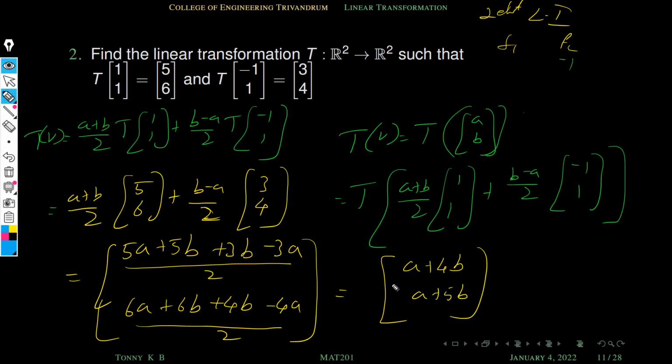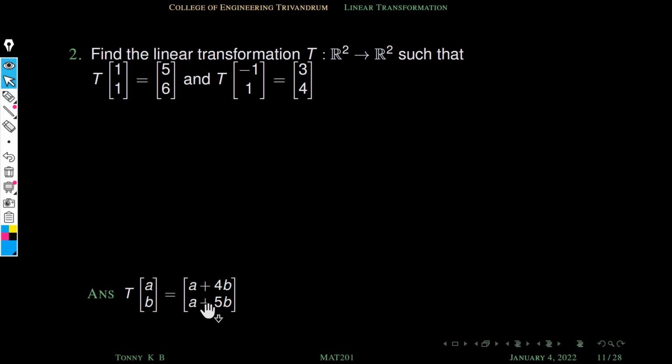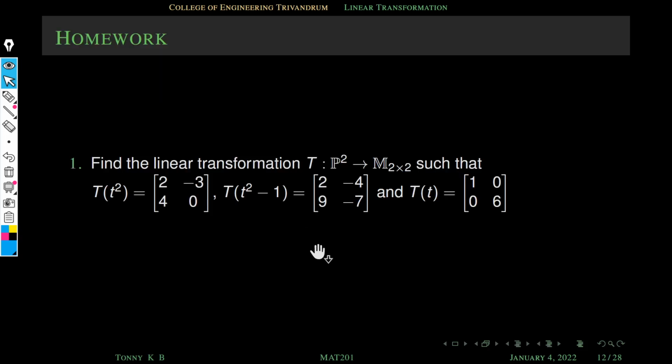So this is the image of a general element. If you choose our general element, then T of (a, b) equals (a + 4b, a + 5b). And this is your homework. Thank you.